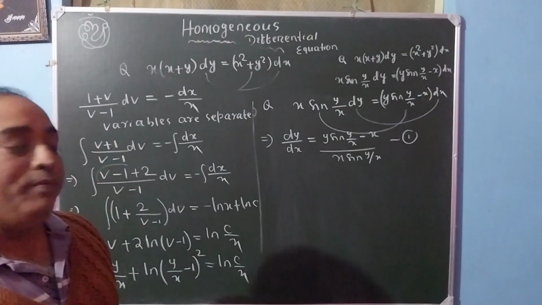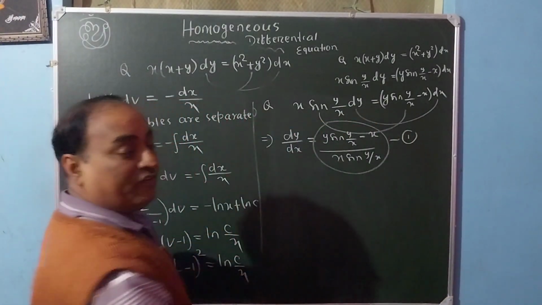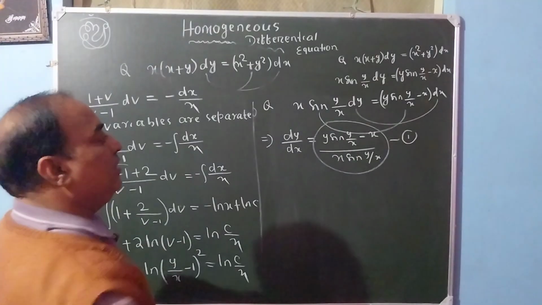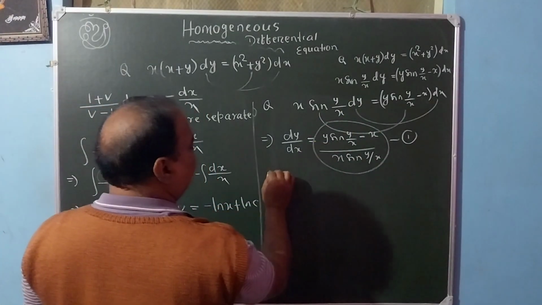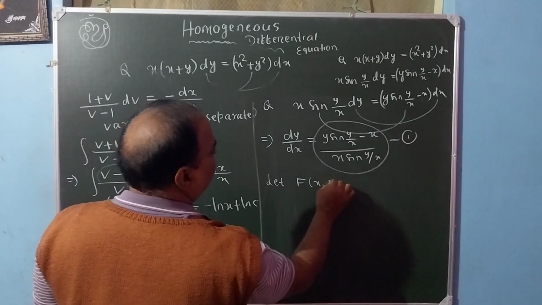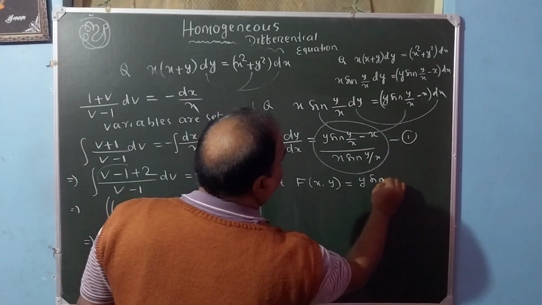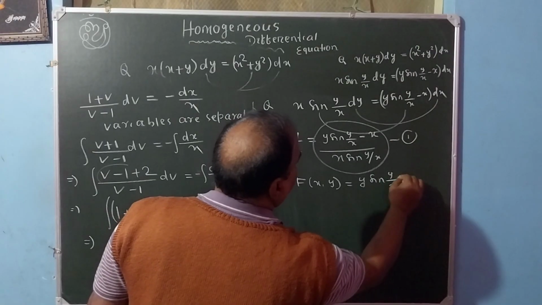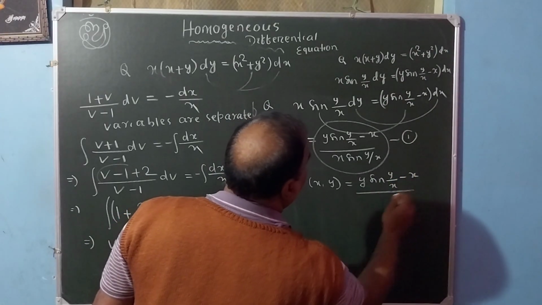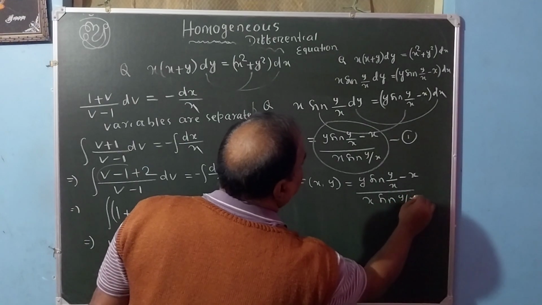First of all, we have to verify whether it is a homogeneous differential equation or not. For that, let us take this as f of xy. Let f of xy is equal to y sin y by x minus x divided by x sin y by x.